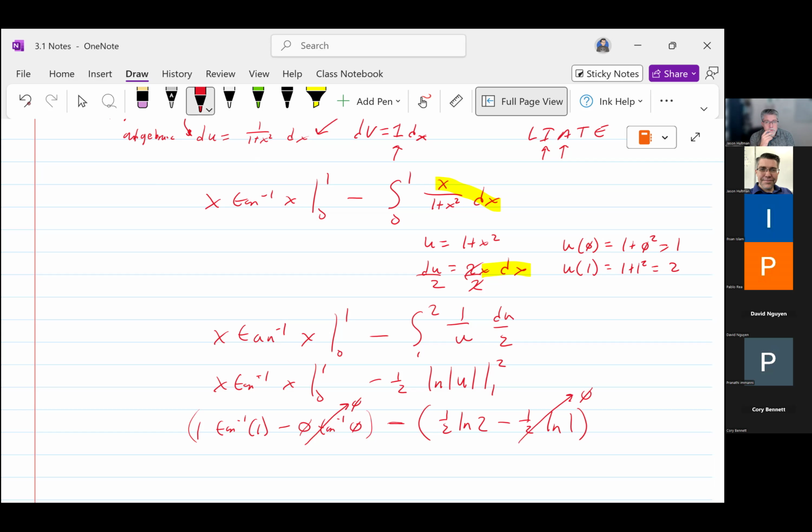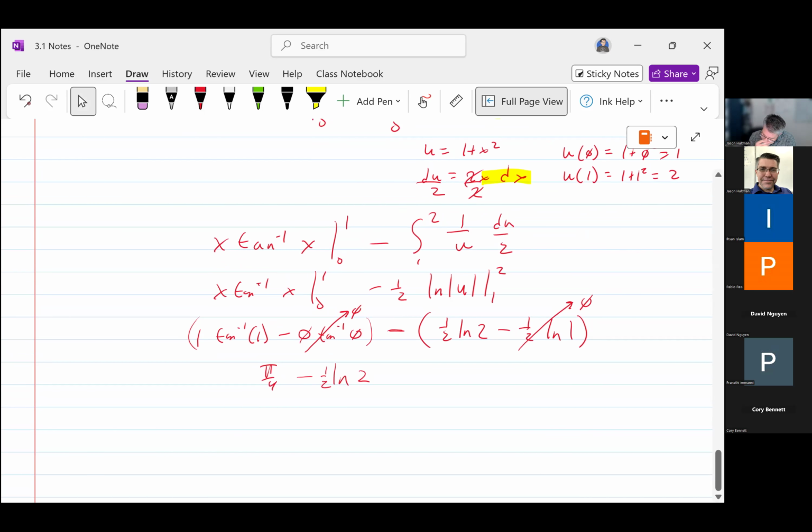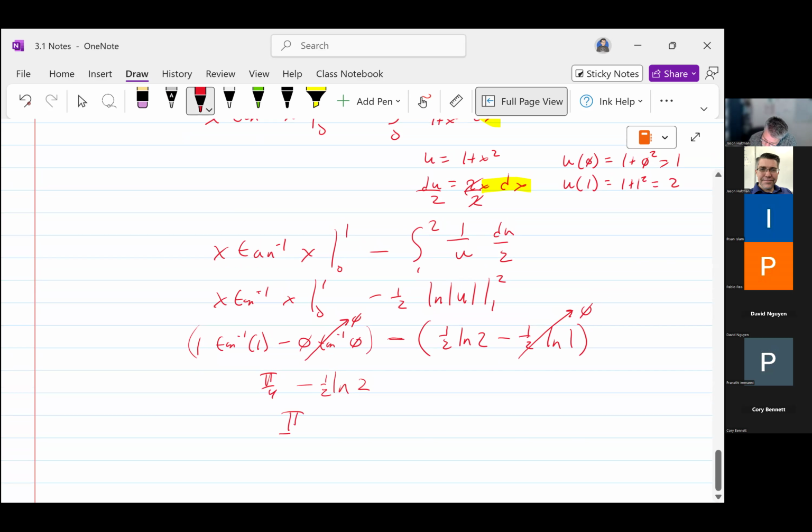Pi over 4. Pi over 4, very good. It's my 45-degree angle. So that is pi over 4 minus 1/2 times the natural log of 2. And so this becomes pi over 4 minus the natural log of 2 to the 1/2 power. And so this becomes pi over 4 minus the natural log of the square root of 2.